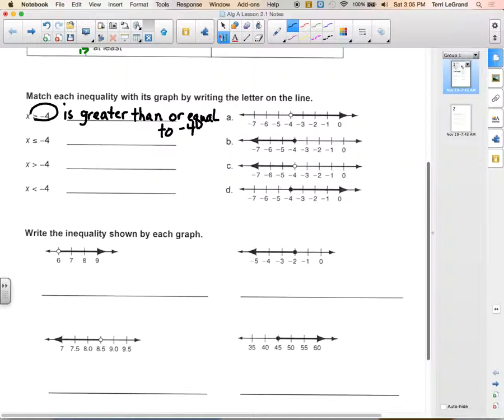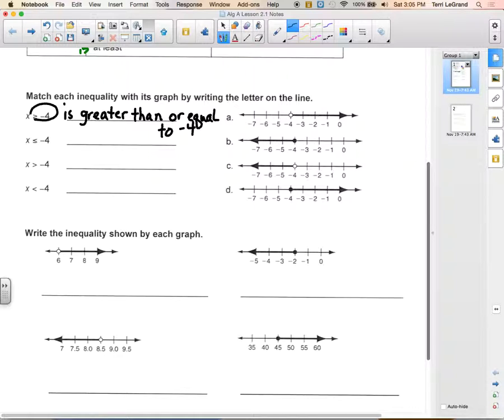Is greater than or equal to -4. X, meaning what are all the numbers that qualify for this condition? So the numbers that qualify for the condition for X have to be greater than -4. So that would mean they have to be shaded to the right.